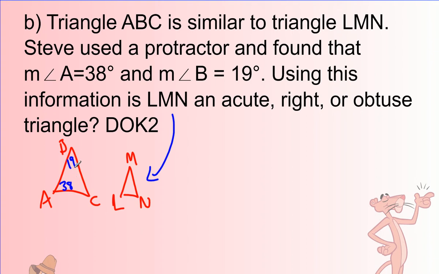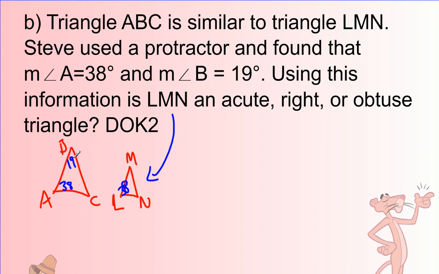So we know a couple pieces of information here. We don't know anything about this LMN except that it's similar. Well, similar figures, the angles, I should say, are the same. So if angle A corresponds to angle L, then L would also be 38 degrees.